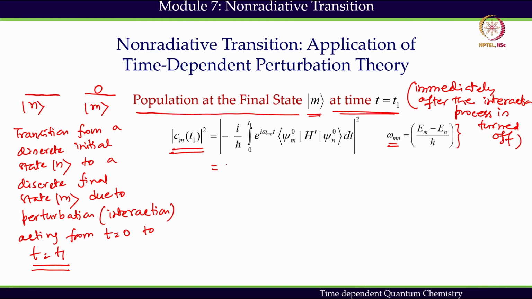I will simplify this as e to the i by h bar, integral from 0 to t1, e to the power i omega_mn t. So the population depends on the entire history of time. That's why we have to integrate over time.